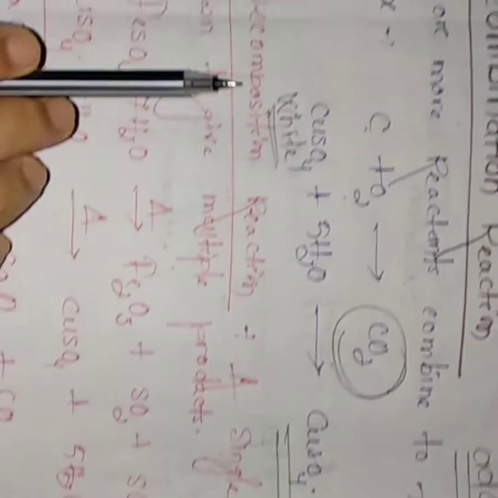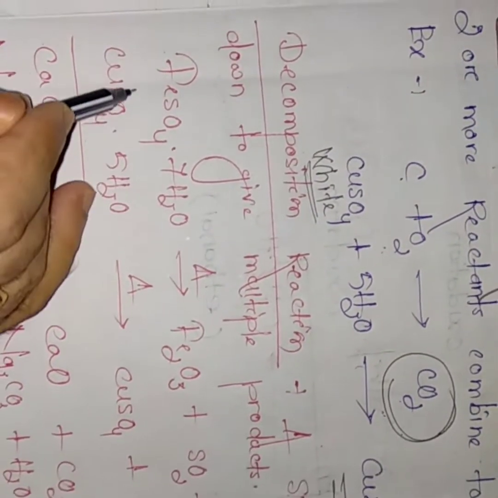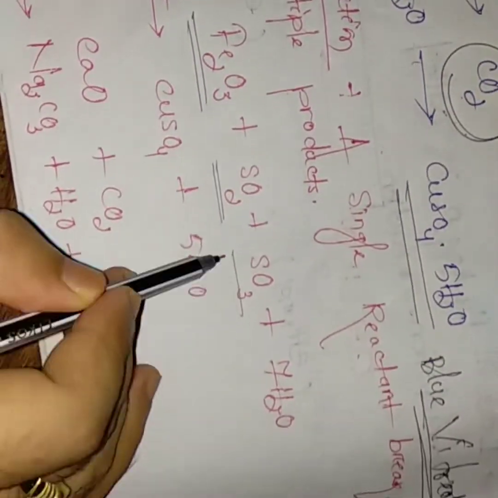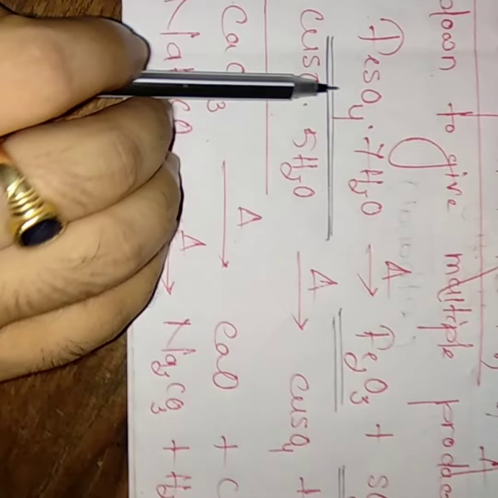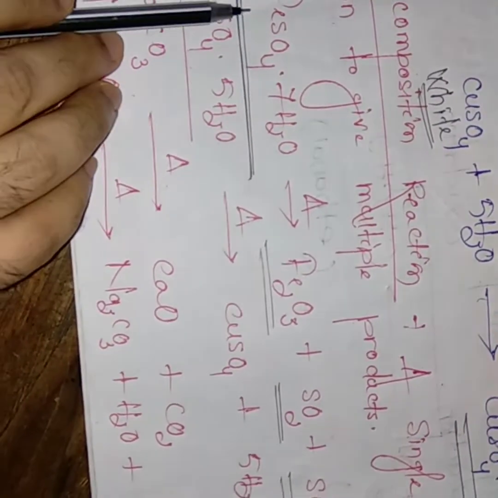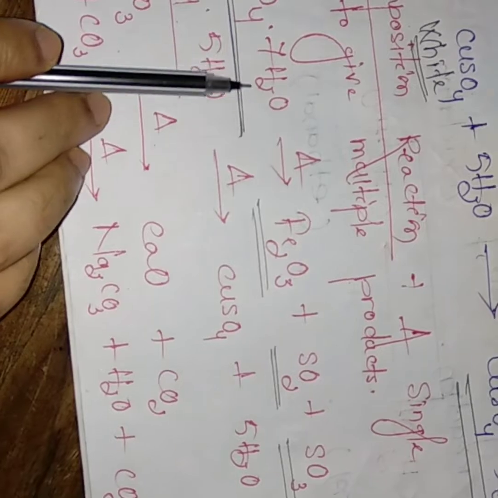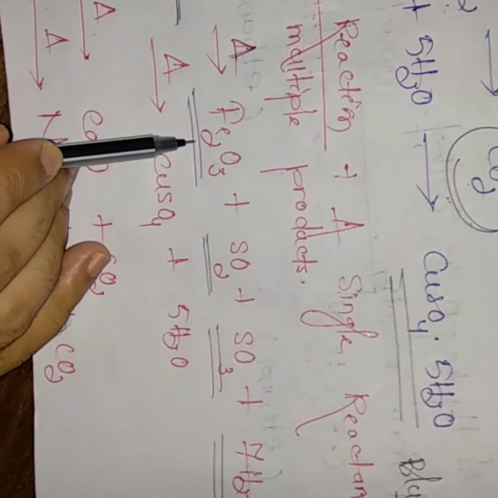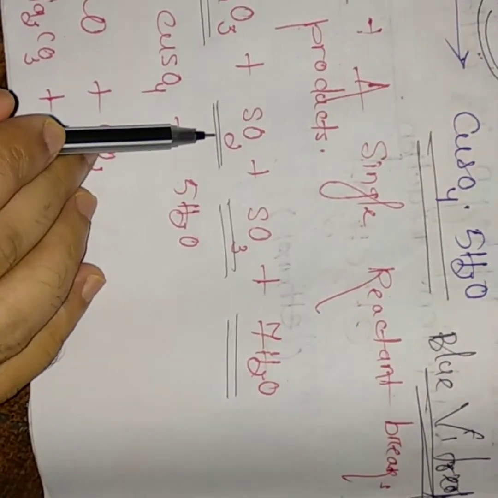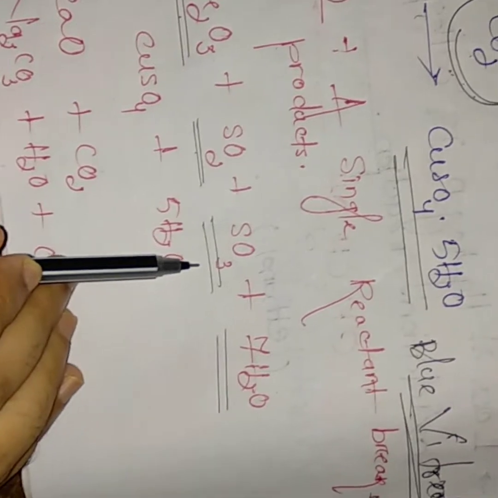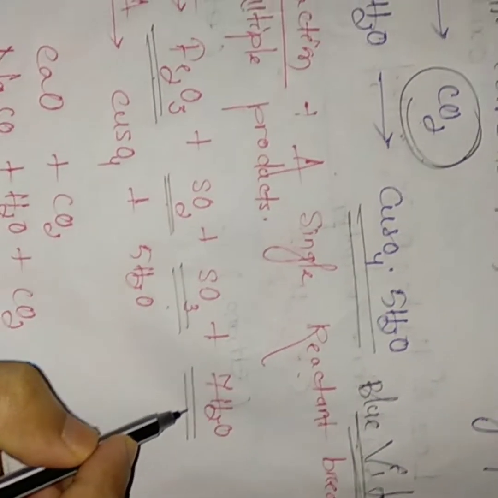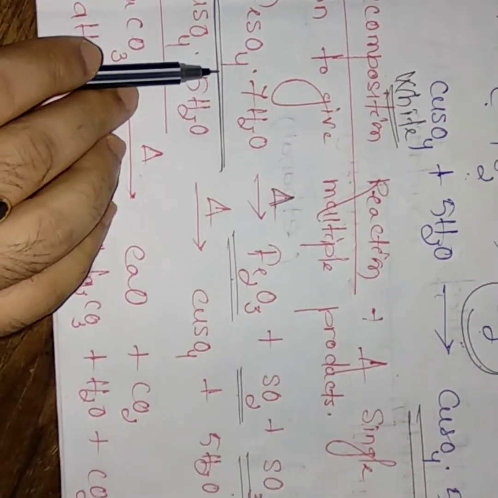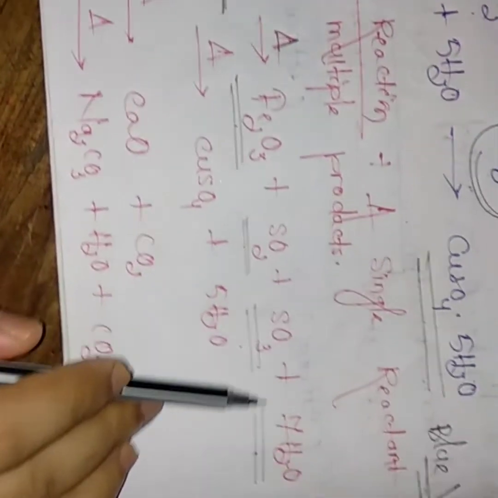Here, if you heat green vitriol, which is known as iron sulfate and also has 7 water molecules, it will give you ferric oxide with sulfur dioxide gas, sulfur trioxide gas also, and 7 water molecules. So here you can see clearly that it contains only one reactant and a number of products.